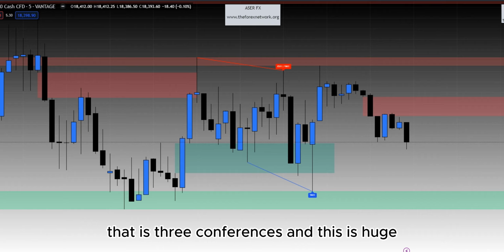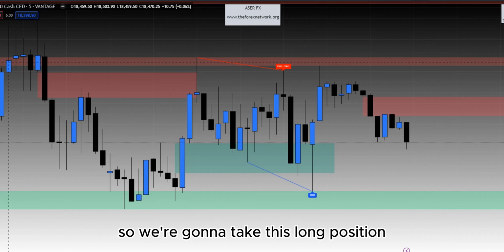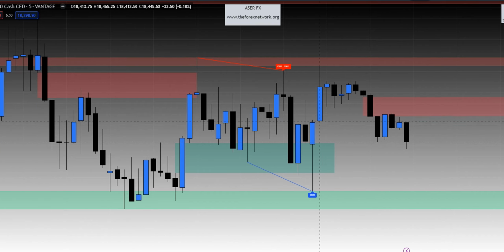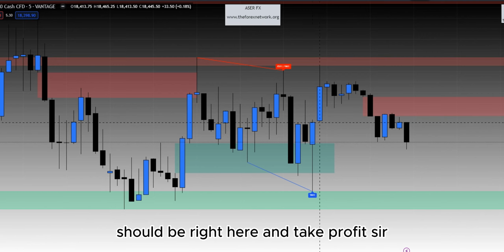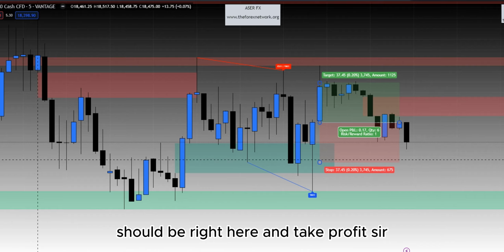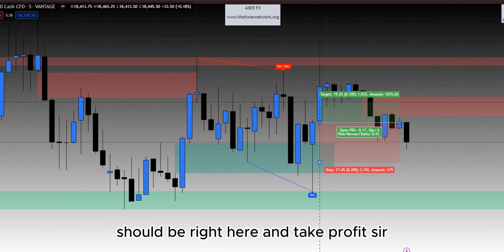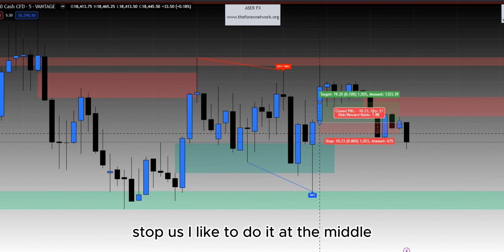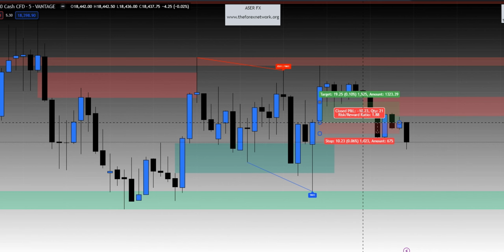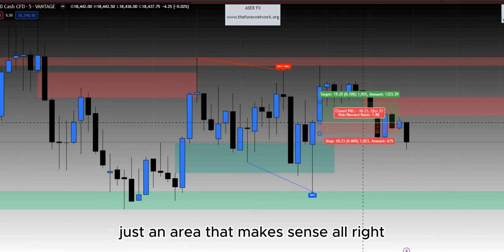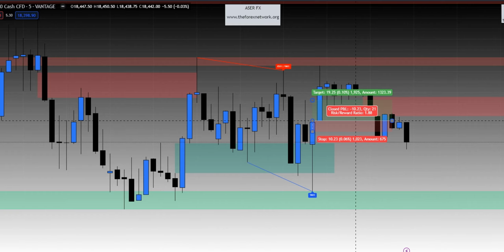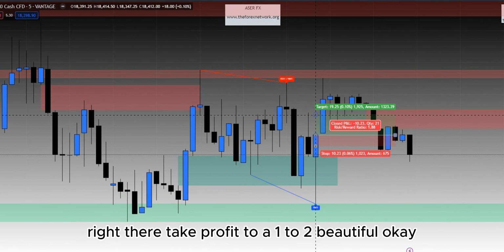That is 3 confluences, and this is huge. So we're going to take this long position after this candle ends. It should be right here. Set your take profit, set your stop loss. I like to do it at the middle, just an area that makes sense. Right there. Take profit to a 1 to 2.